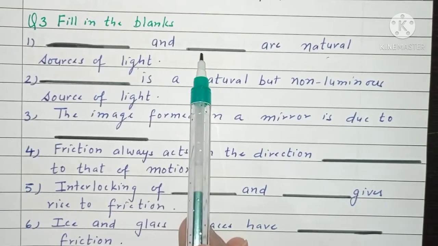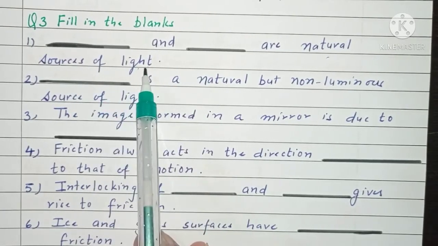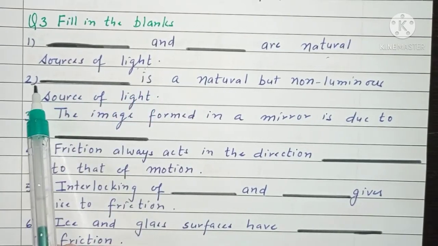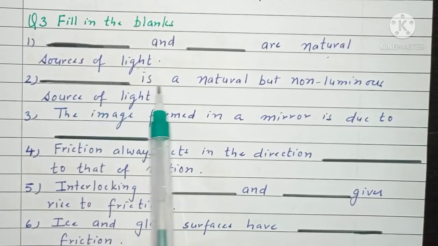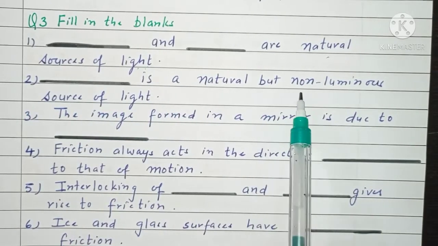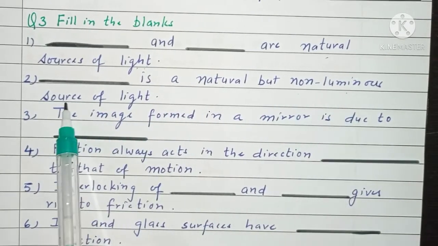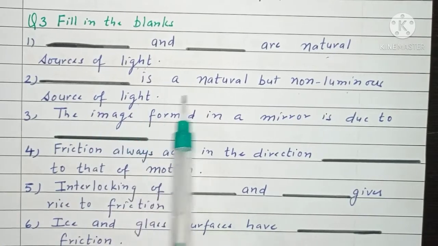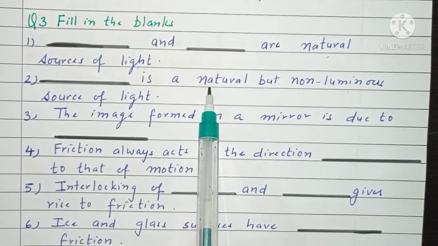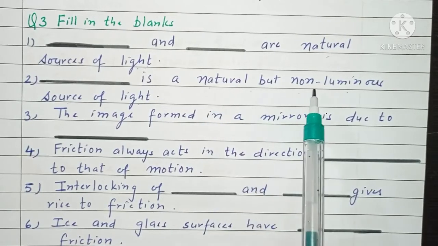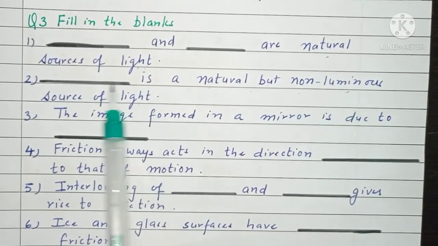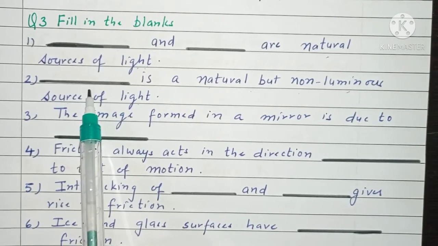So, write down here the natural sources of light. Number 2, dash is a natural but non-luminous source of light. That is, it is a natural source which is given to us by nature, but actually it is non-luminous. I hope you have guessed the answer.